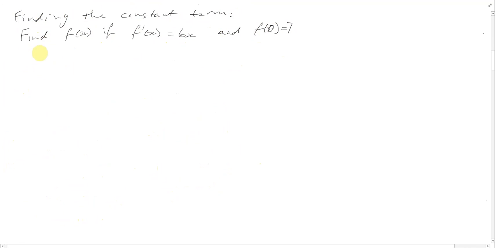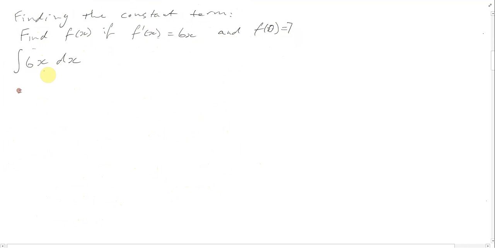So we're finding our original function if our derivative function is 6x. To get from the derivative back to our original function, we need to anti-differentiate. So we're anti-differentiating 6x dx.